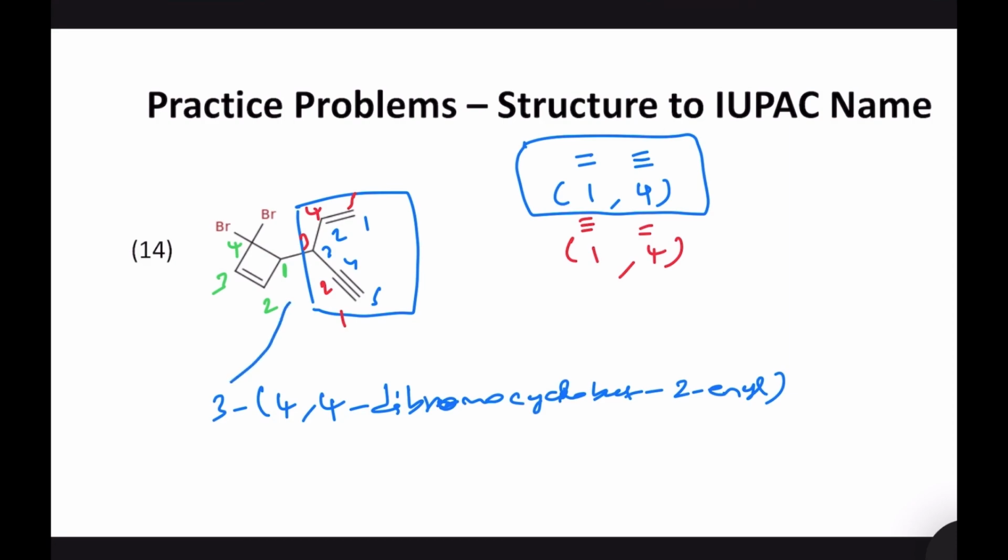This 3 refers to this 3. And then pent, because in the parent chain we have 5 carbon atoms, 1-ene, 4-yne. That's the correct IUPAC name for this molecule.